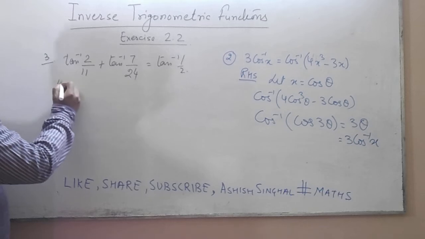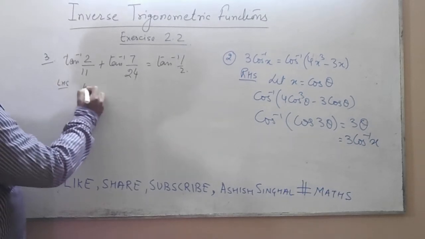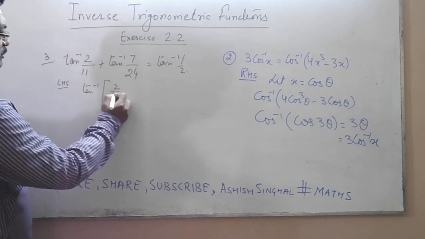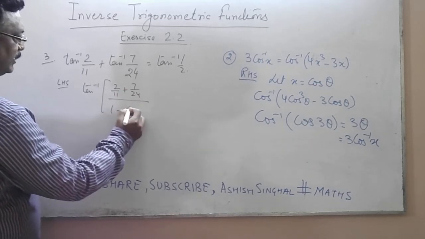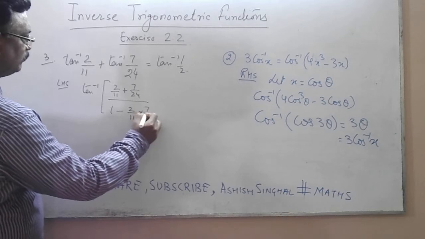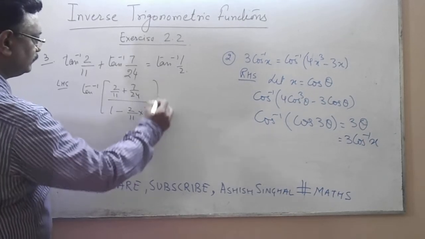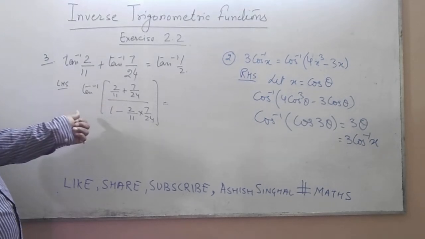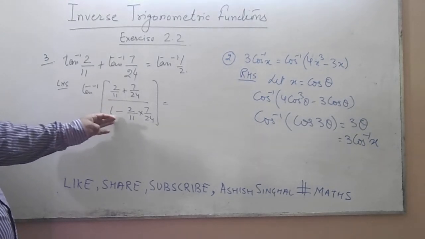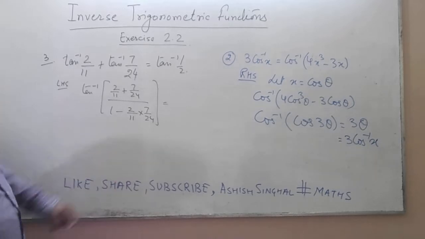The identity is tan inverse of (x plus y) upon (1 minus x into y).